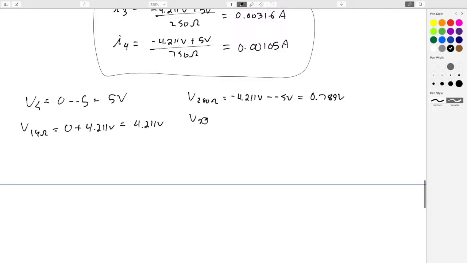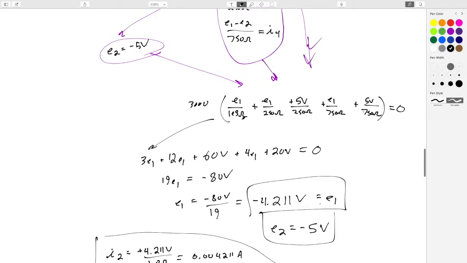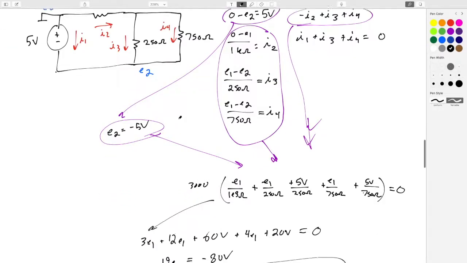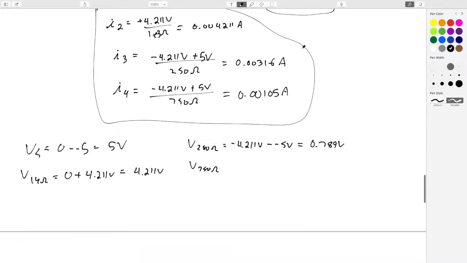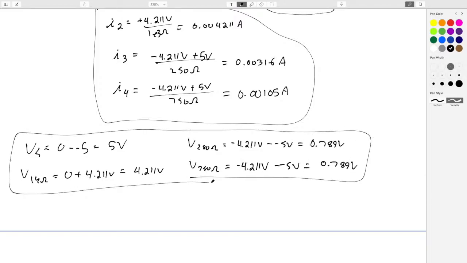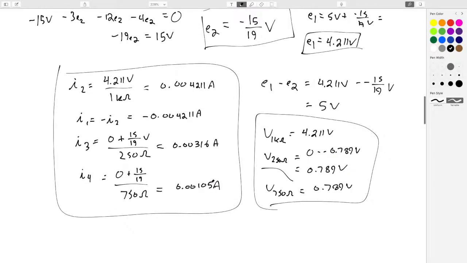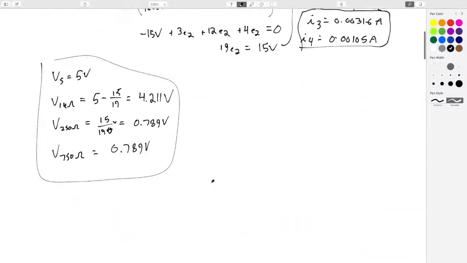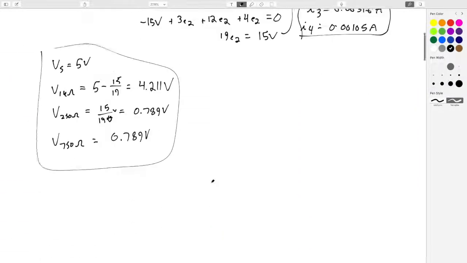And then V of the 750 ohms, same exact math, E1 minus E2, negative 4.211 minus negative 5. Cool. And these are exactly in line with what we got last time and the time before. So you can jump back through and compare them all.